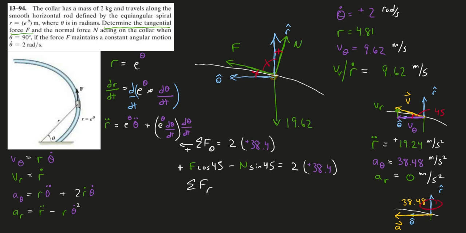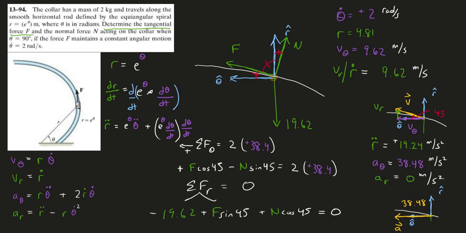Now we know there is no acceleration in the radial direction. So this whole right-hand side will be a 0. And as for my forces, I have the weight acting downwards. I have that sine component of that force acting upwards. And the cosine of that normal force also acting upwards, all equal to 0.